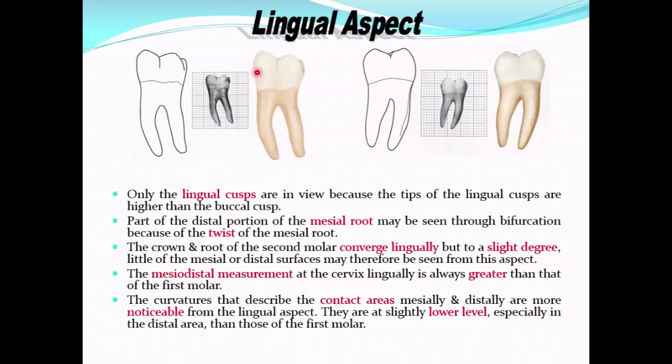Remember in the mandibular first molar, the mesial contact area was at the junction between the occlusal and middle third, while here it is in the center of the middle third. Here the mesial contact area and the distal contact area are at a lower position than those of the mandibular first molar.